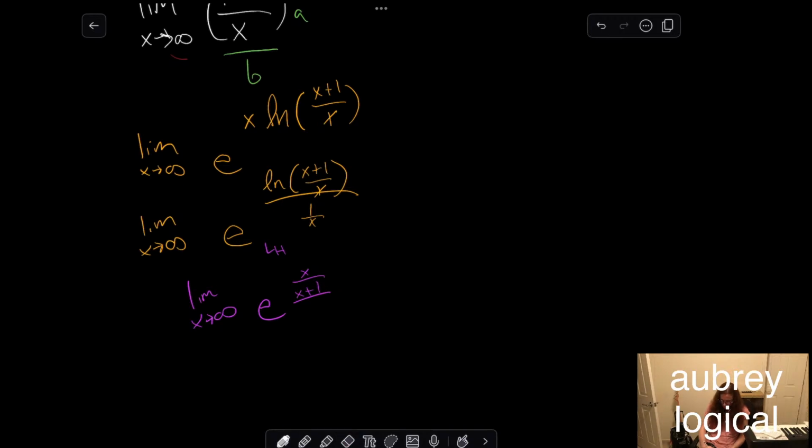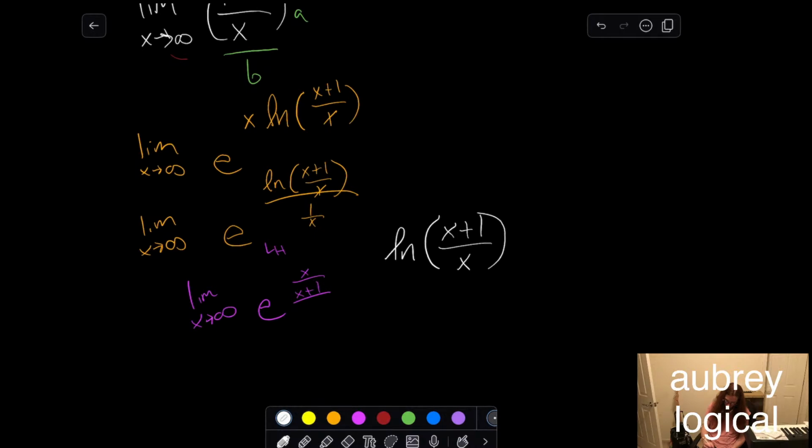All right, so I didn't find this derivative correctly. So the formula to find the derivative of ln of u, I don't know which side you write that on. Maybe that side. So the derivative of ln of u is going to be u's derivative over u.